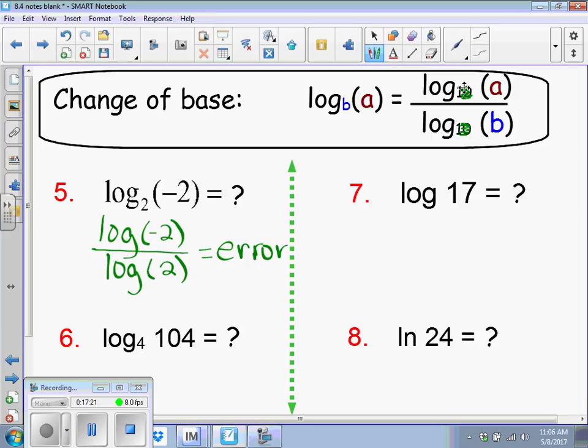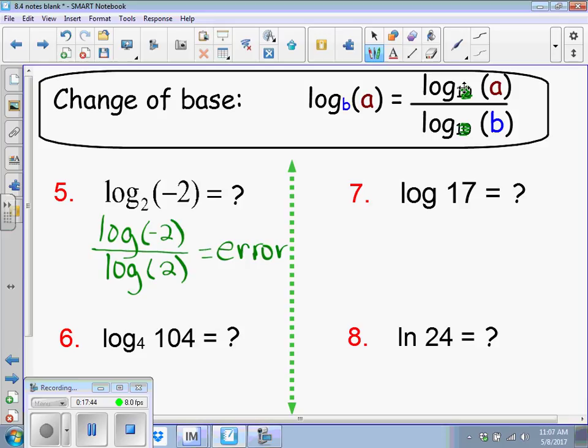There's no number out here that could make this true. I wonder why. So think about it. When you have a log, it equals the exponent, right?